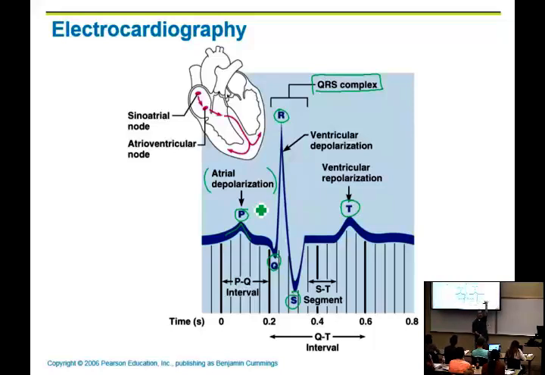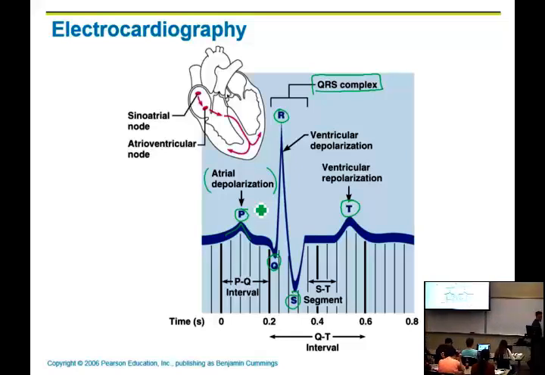So they add up to a very large wave that we call the QRS wave. Okay? The last thing that we see here, the T wave, is when the ventricles have done their signal to contract, and now they're repolarizing, they're going to go into the relaxation or filling phase. So the T wave that we see there is ventricular repolarization.